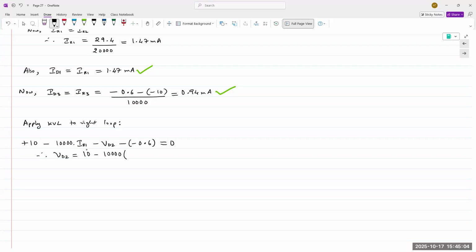So 1.47 times 10 raised to minus 3, that is 0.0147, plus 0.6 is equal to 0, actually not 0. And therefore, my VD2 has a value of, anyone?